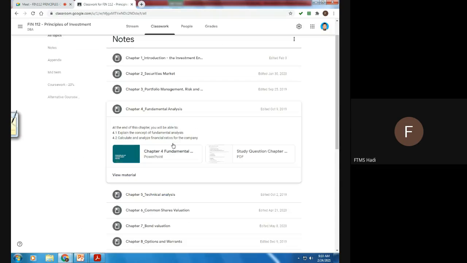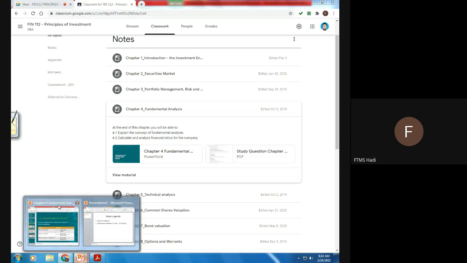Okay, so let's continue with the next part, which is calculation.